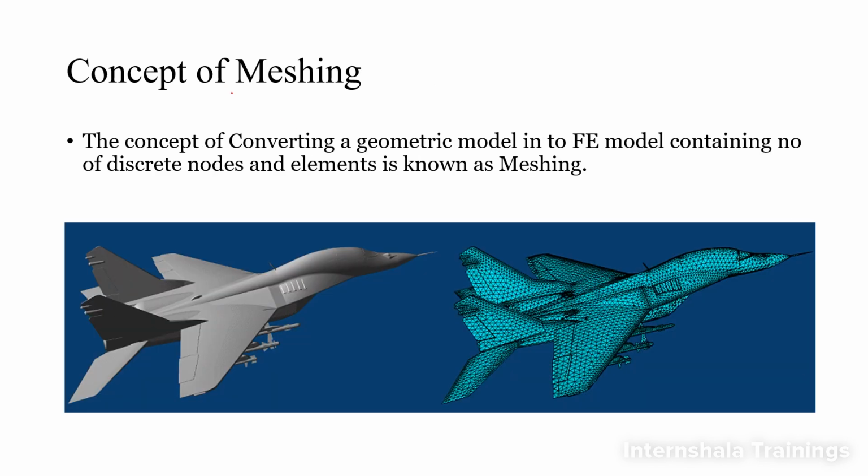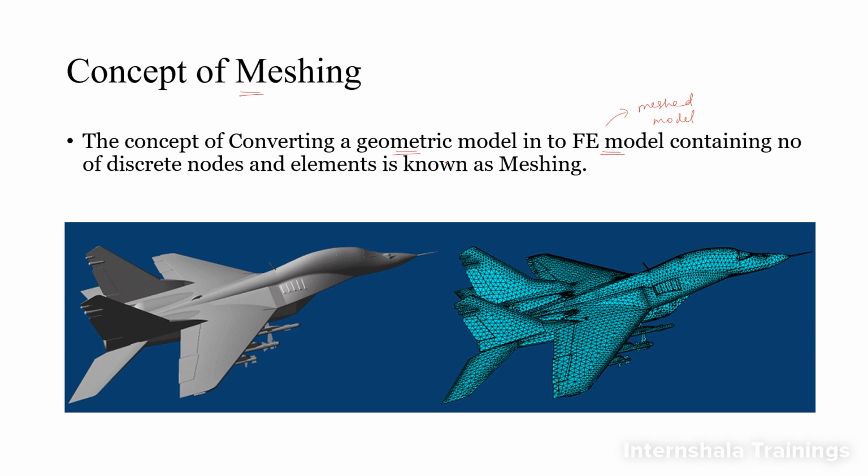Then what is meshing, or the concept of meshing? Before going to the concept of meshing, we will see what a geometric model is and what an FE model is. This FE model can also be called a meshed model. So what is a geometric model?